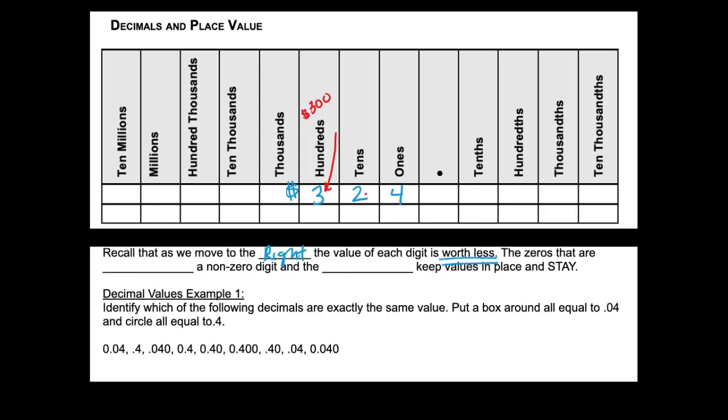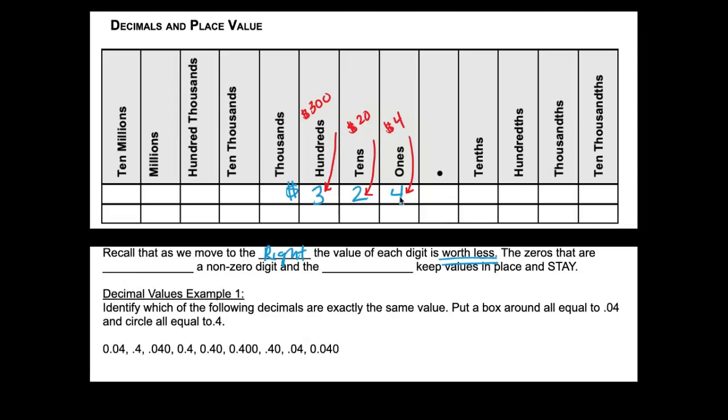The 2 is in the tens place, so that represents 20, or 2 tens. The 4 in the ones place represents $4. So when you see a digit, its value is going to differ depending on what place value it's in, and the further right you go, those digits represent less.